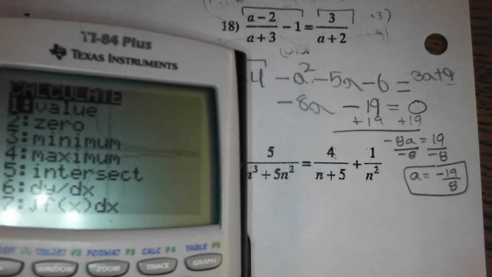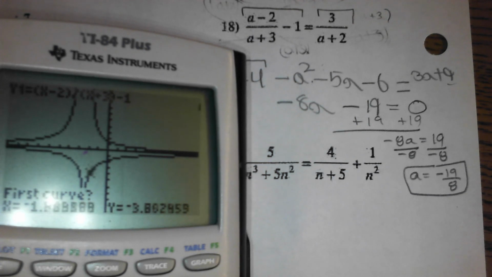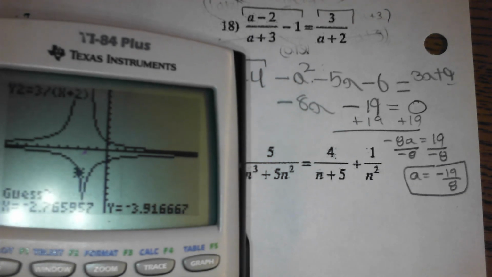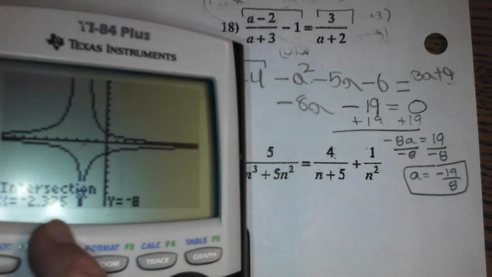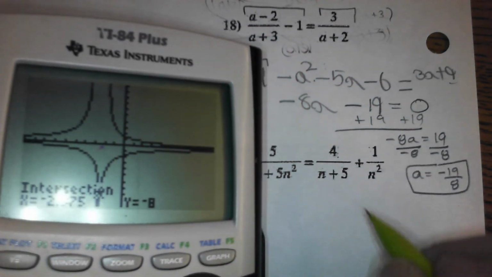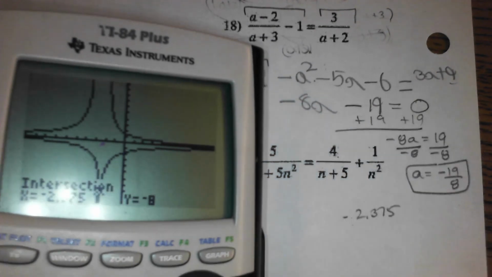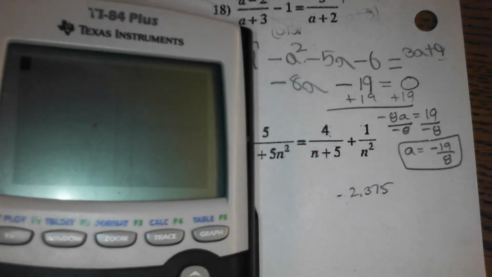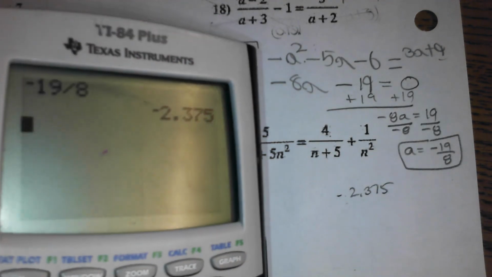So second trace intersect. See if it's down there somewhere. Negative 2.375 is where they cross. Guess what, negative 2.375 says the calculator. And if I check negative 19 divided by 8, negative 2.375.